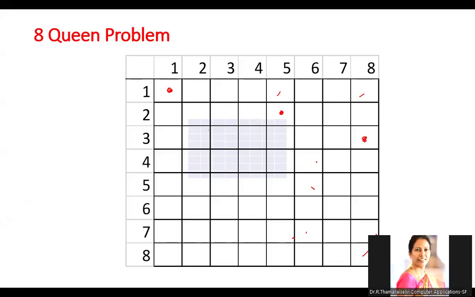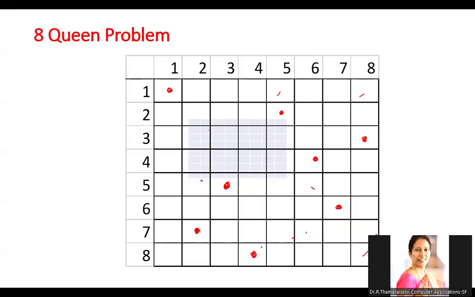Fourth row, sixth column. Fifth row, second column. Then third column. Sixth row, seventh column, seventh row, second column, and eighth row, fourth column.